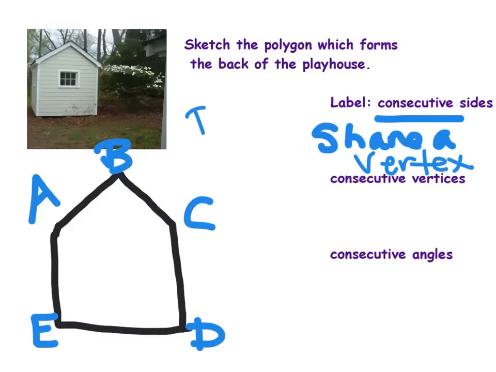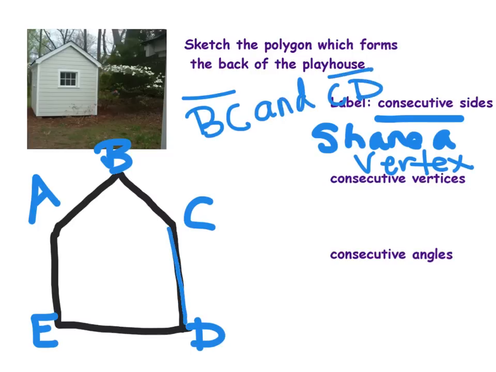That could be something like side BC and side CD. And what vertex do they share? Well, that would be vertex C. Another pair of consecutive sides would be DE and EA. They would share vertex E. Another pair, you could say BC and BA.